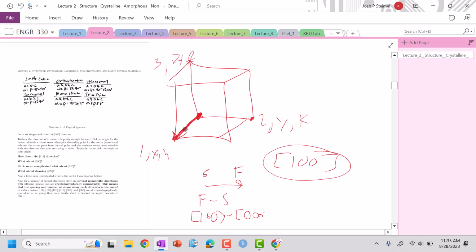But I could also equivalently say my finish is here. This would be 1, 1, 1, minus 0, 1, 1. So this would be my start. This would also be the 1, 0, 0 direction.